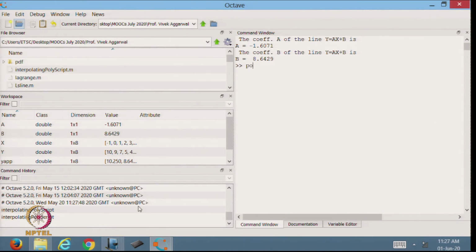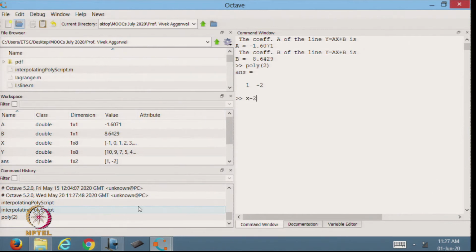I call it poly. So, let us say define poly 2. Poly 2 means it gives me the polynomial whose root is 2. So, this is basically x minus 2. If I put x minus 2 equal to 0, in this case I get the polynomial whose root is 2.